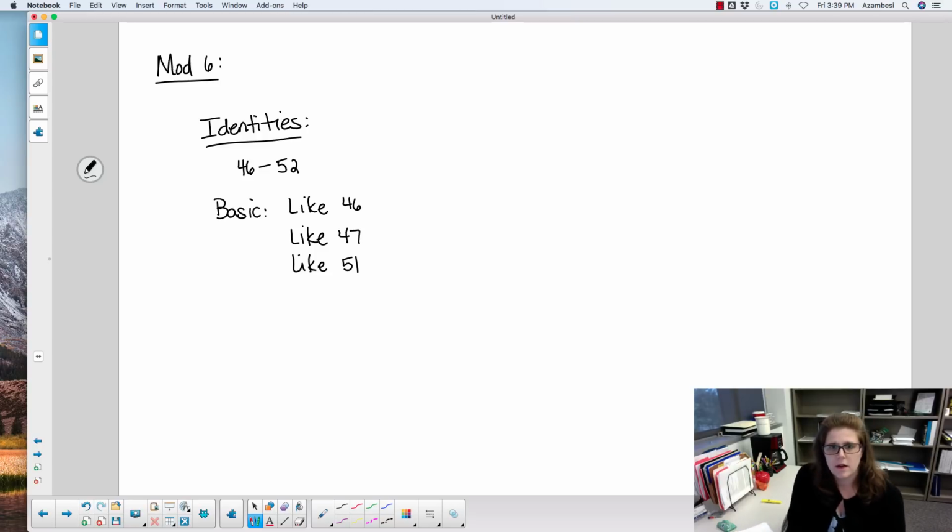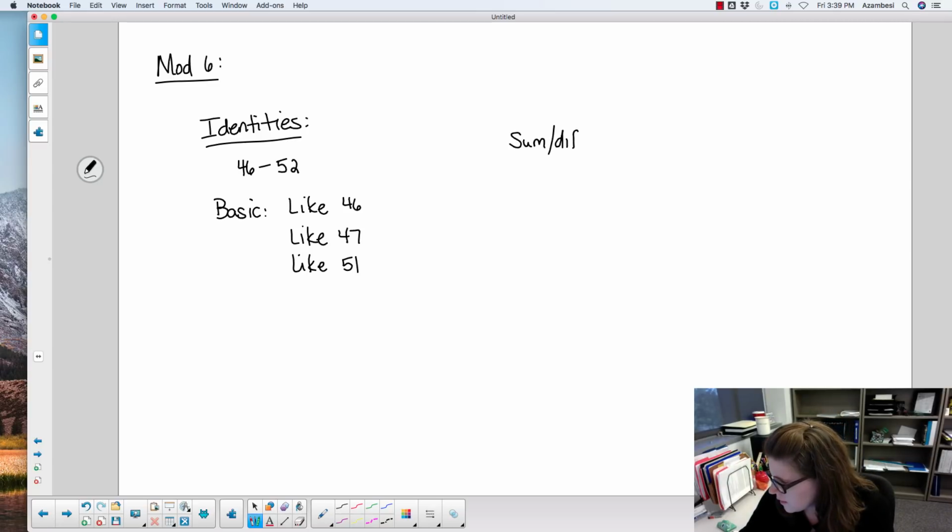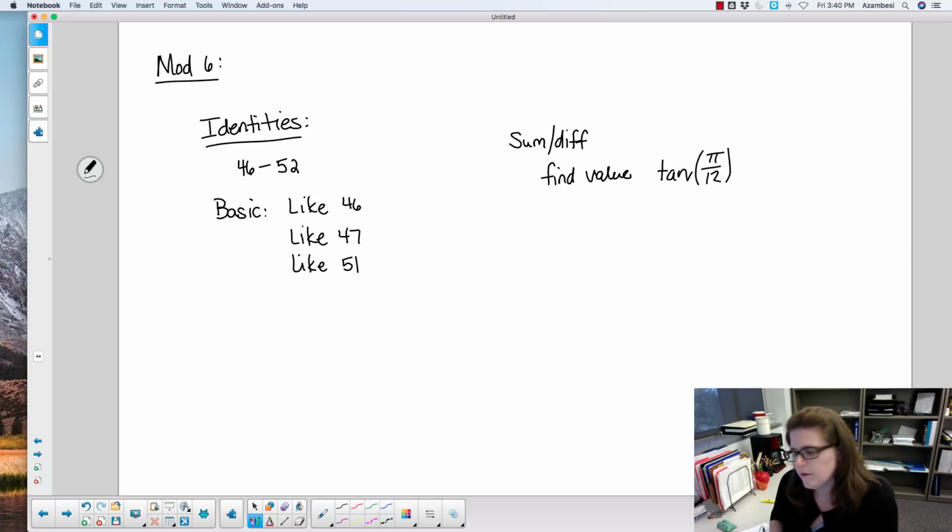The last type are the ones that you need formulas for. So look for a sum and difference. So find a value of like tangent of pi over 12, something like that. And you'll also have to do something like a double angle.